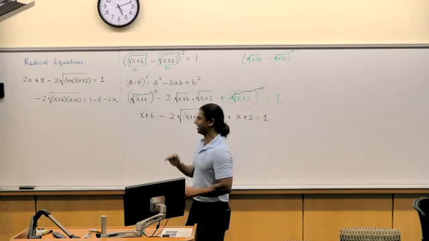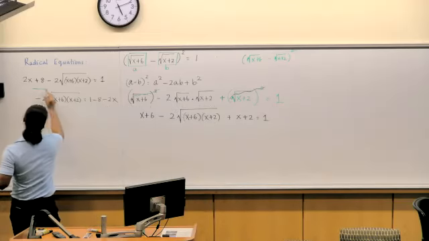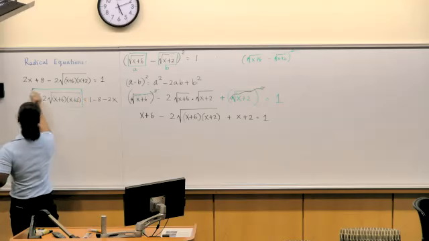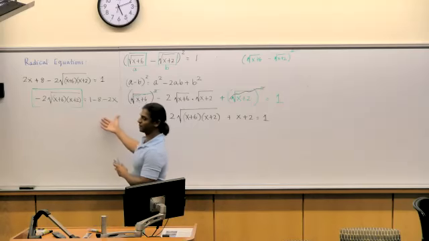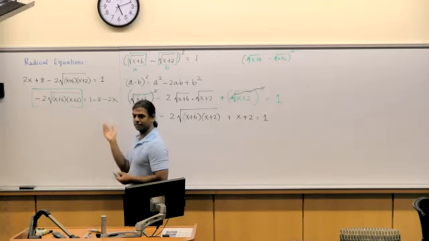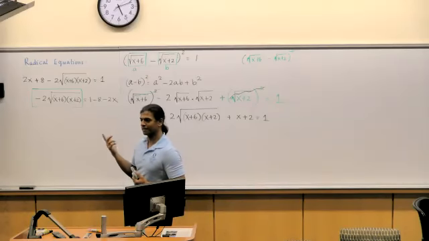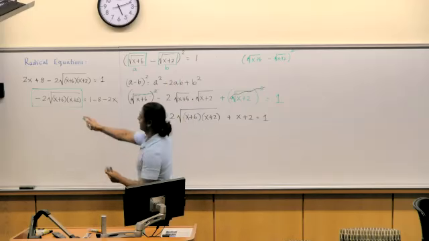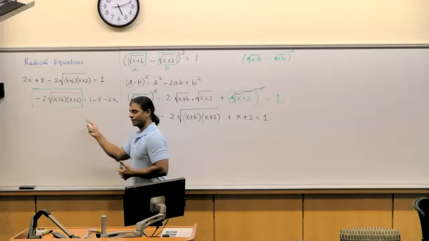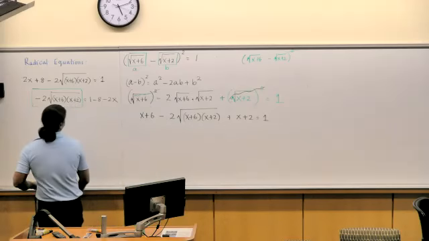What do I achieve by doing that? If you notice, I've isolated a radical by itself on one side, an expression on the other side, so I can square on both sides. Does that make sense? So I did it the way I did it so that I can get to this step. Once I have this step, I simply can square on both sides.